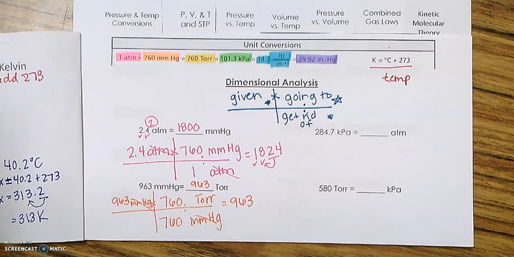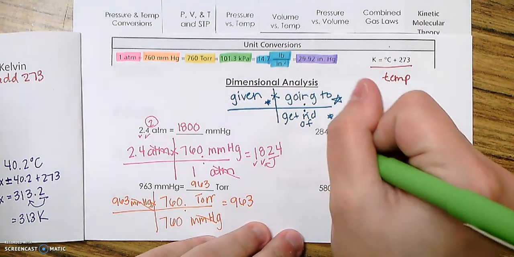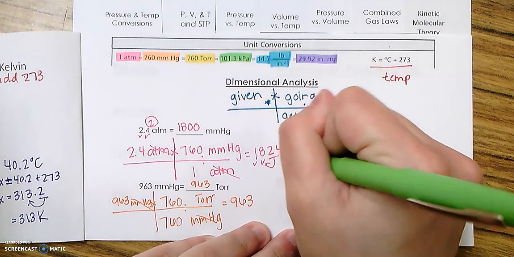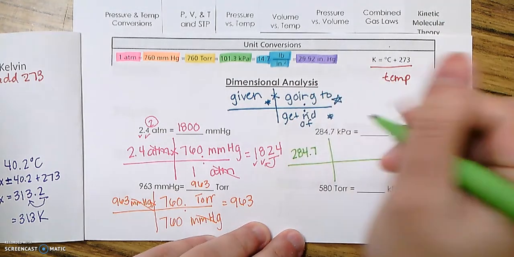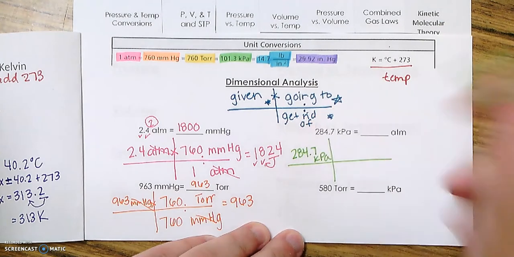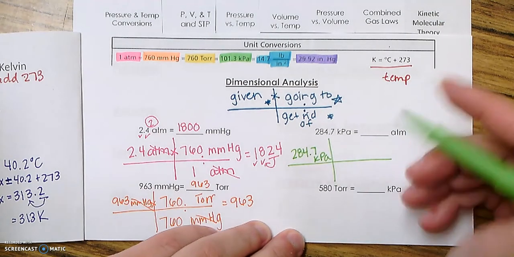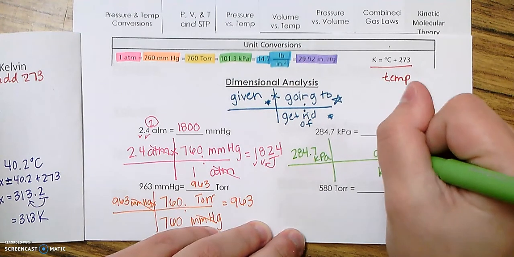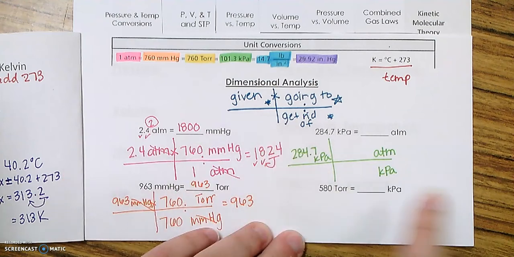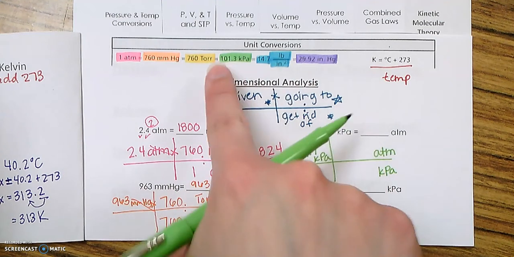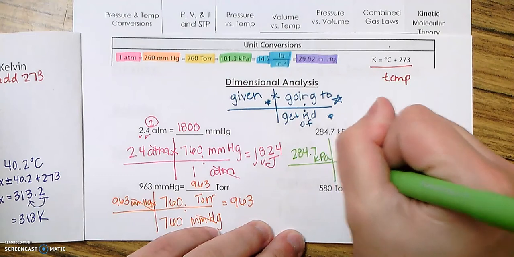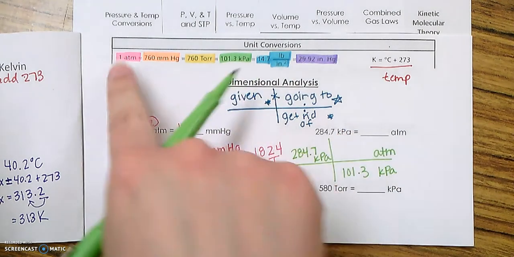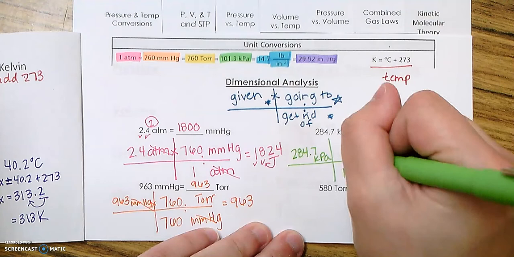Now let's look at kPa over here. I have 284.7 kPa. Since I have kPa here, I got to put kPa down here. And I'm trying to get to atmospheres. So when I look up here at my conversion factors, I need to look for kPa, so 101.3. Then I need to look at my ATM, so I have 1.